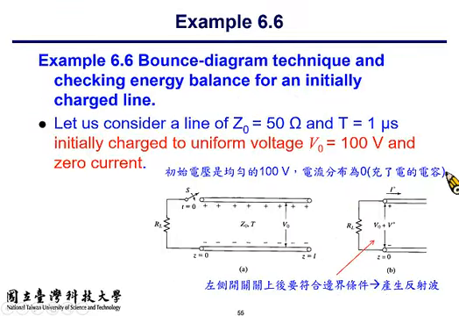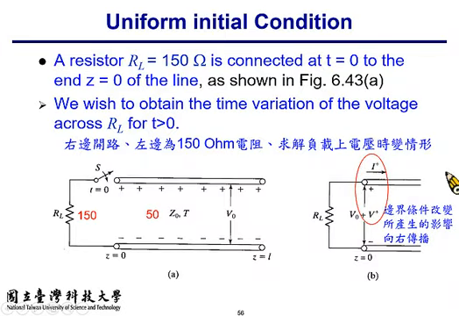So you will initiate a signal, say V plus, as well as I plus, at this moment when the switch closes, so that the boundary condition can be satisfied. So the boundary condition is what? V sub 0 plus V plus should be 150 times the I plus current.